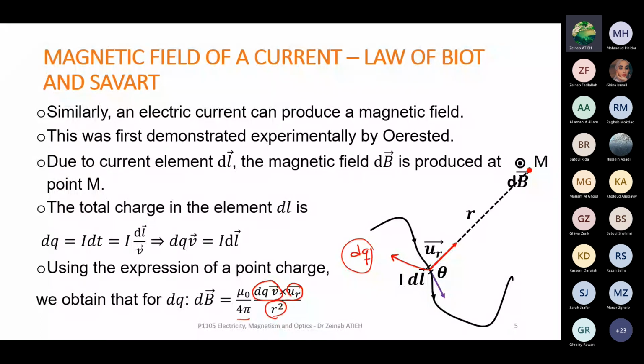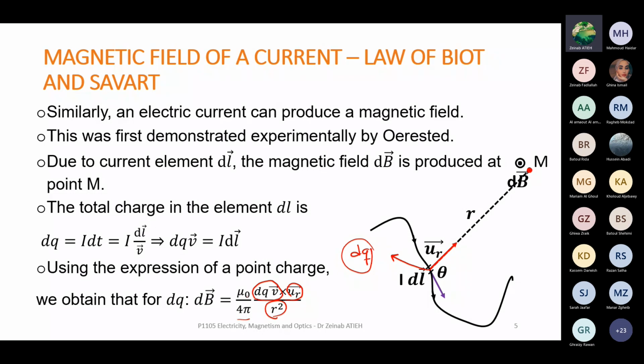This is the same formula as before, but instead of Q, I've written dQ, and instead of B vector, I've written dB vector. Why? Because I've divided my entire wire into infinitesimal portions. Each one of them is carrying a charge dQ, and the generated magnetic field is called dB. The aim is to find the total magnetic field at point M for the whole wire together. So I have to integrate.